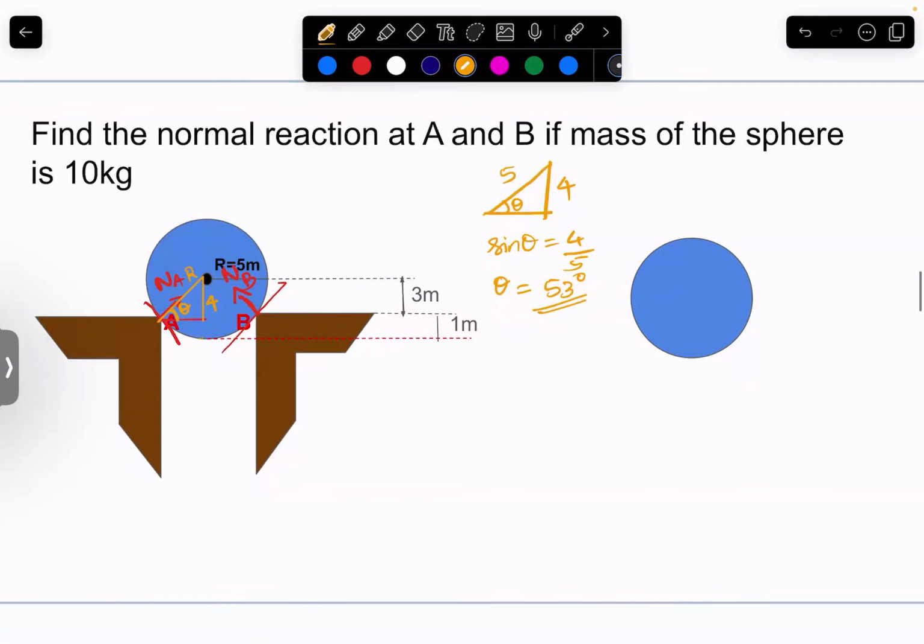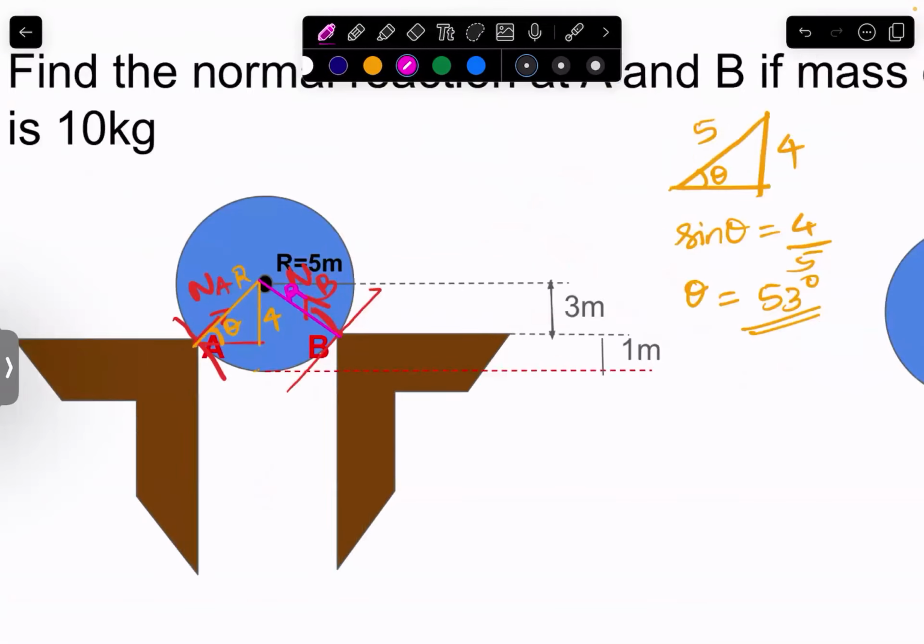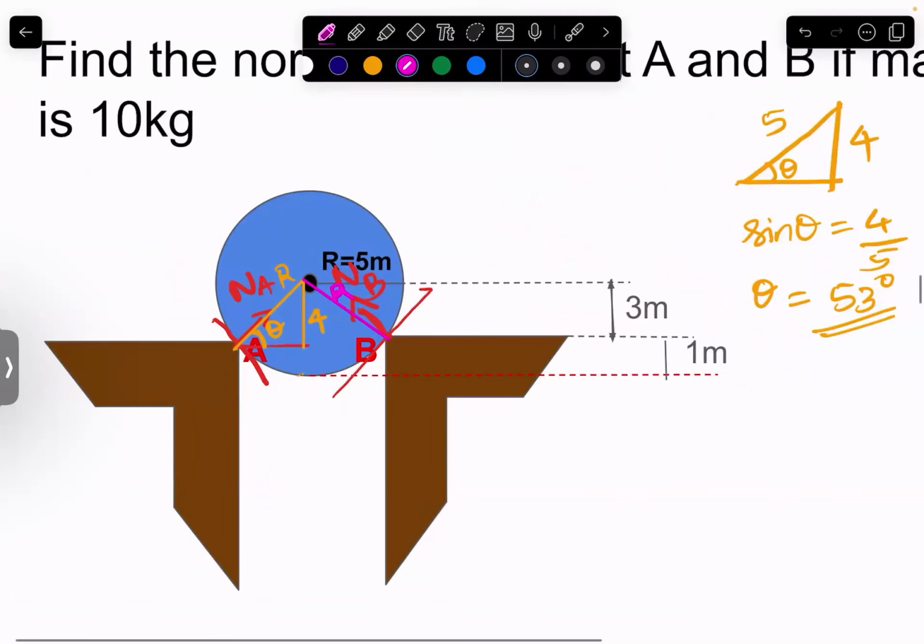Similarly, we want to find the other angle too. So how to find it? Here again, if you draw to this contact point, this is the radius again, and we want to find this length. You can see this length is this length for this contact point.